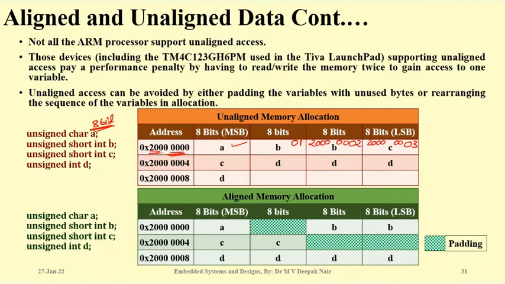Whereas this is short. This is 16-bit. It will take two 8-bit locations. So here it is starting from 01, so this is unaligned. Whereas here, because it is aligned, it is starting from 02. Right? And here it is starting from 04. So these are aligned memories.